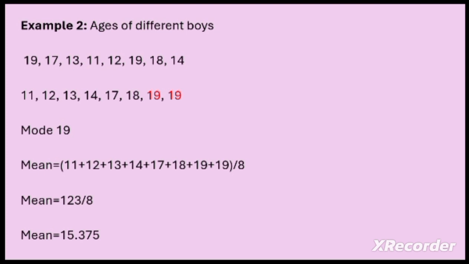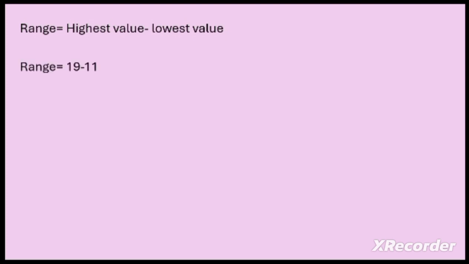Now how are we going to find the median, the mid value, when our number of entries is even? Range is very simple. We will subtract the lowest value from the highest value. Our highest value is 19 and our lowest value is 11, so my range will be 8.